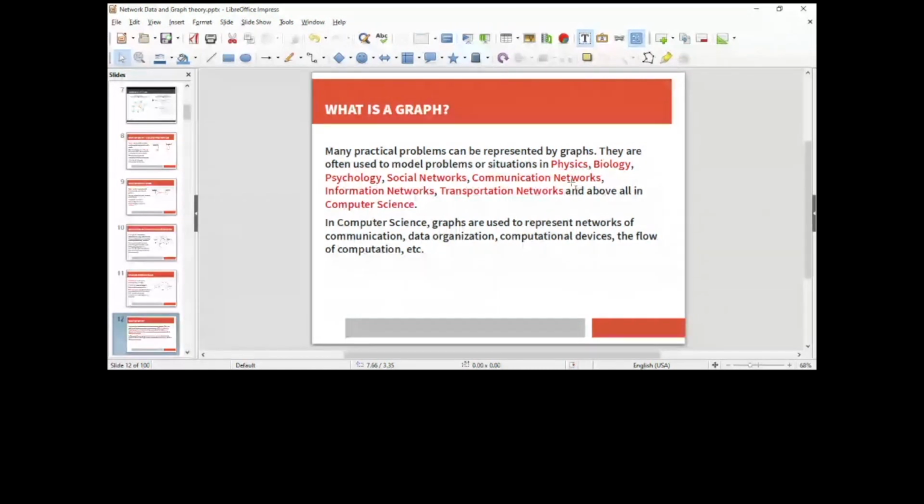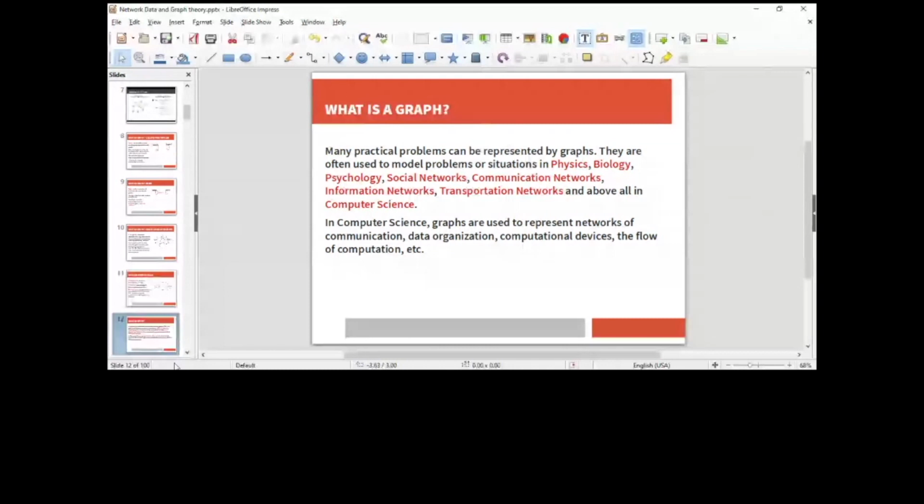So there are so many things. Graphs are used to represent networks of communication, data organization, computational devices, the flow of computation, even the flow of water. That's just to tell you how powerful a tool it is. And I use it in my day-to-day work.